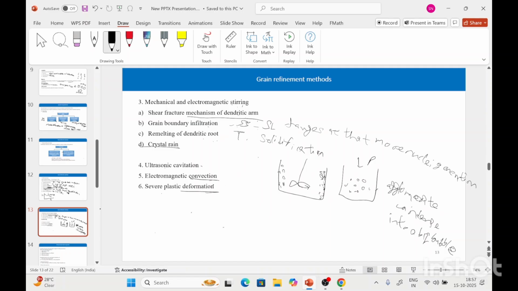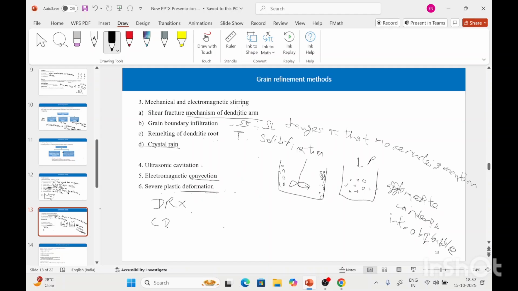The last method for grain refinement is severe plastic deformation, in which different processes are used to improve the heterogeneous nucleation sites available in the liquid solidified aluminum parts. Severe plastic deformation comes into the category of dynamic recrystallization, DRX.